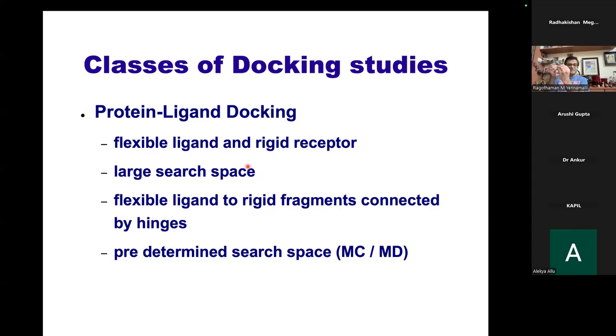One conformation may be at this part of the hill, another when I move a leg will be here, another on this side of the hill, and then somewhere here. So you have a large conformational search space. You can use Monte Carlo or some kind of method to do the conformational search.